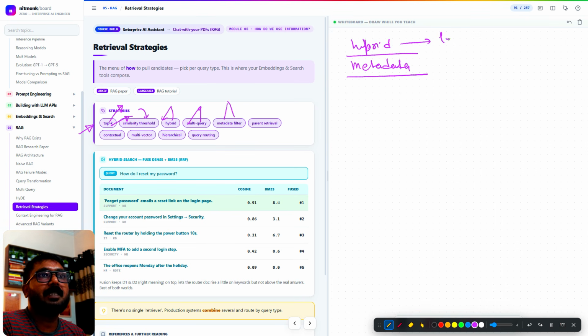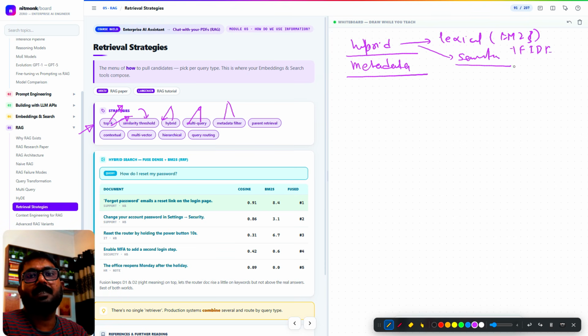Hybrid is basically lexical, right? Lexical is BM25 or TF-IDF. It's all about keywords, and then there is semantic. It's all about vector embedding, similarity, cosine, dot product, Euclidean, etc. There is one other one, similarity threshold: how close the vectors are together, the theta, right?